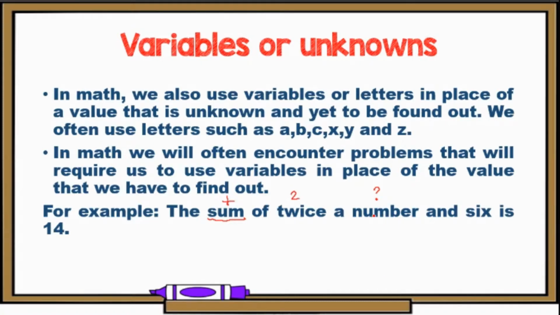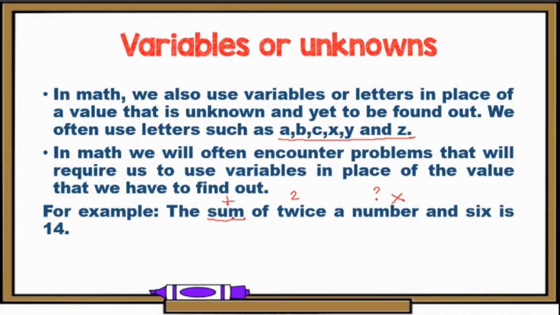So, unknown siya. Pwede tayong gumamit ng isang variable from A, B, C, X, Y, Z, or any letter na gusto nyong gamitin sa English alphabet or Greek alphabet, kayo bahala. Since sabi ko nga, gamit na gamit si X and Y, gamitin na lang ulit natin si X. So, to represent the unknown number, let's use here X. Paano si end?